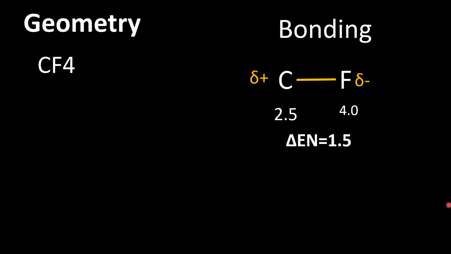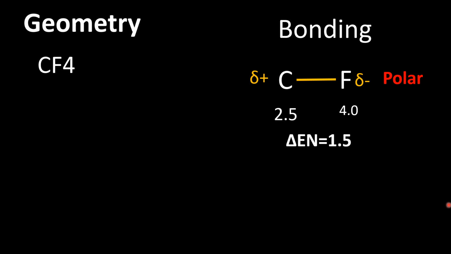The electronegativity difference here is 1.5, which is more than 0.5. Whenever the electronegativity difference is more than 0.5, the bonding will be polar. So the bond between carbon and fluorine is a polar bond.